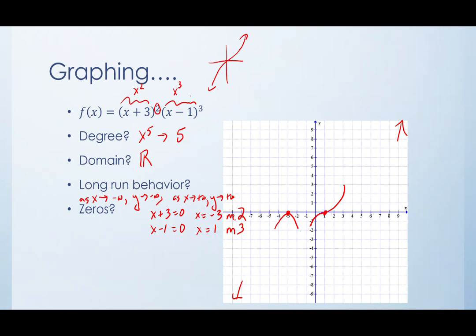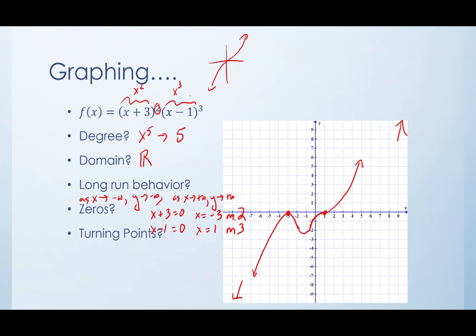And on a paper test, I would be looking for those concavity differences if I asked you to sketch one of these things, okay? Now this is not going to be to scale, but we'll get the idea here. And we're just kind of connecting to our long run behavior.